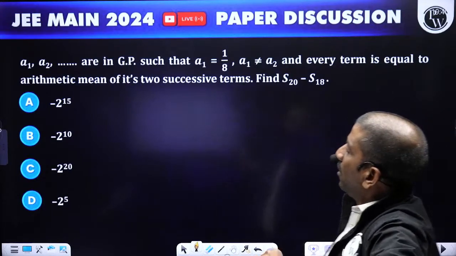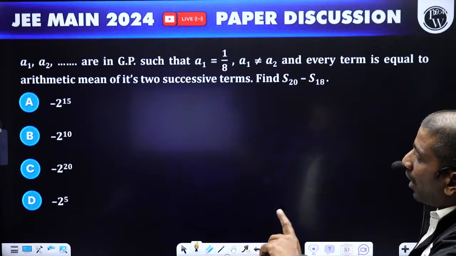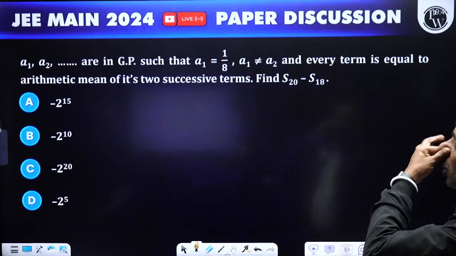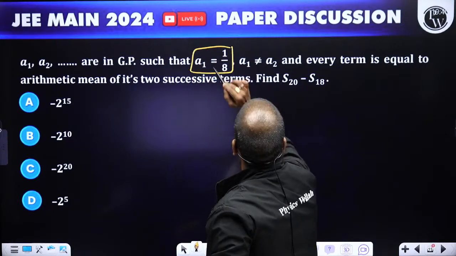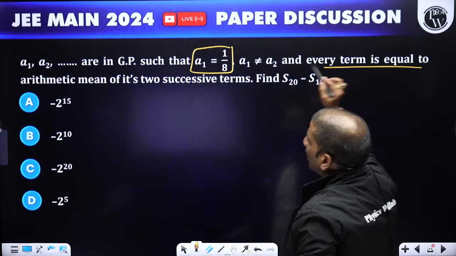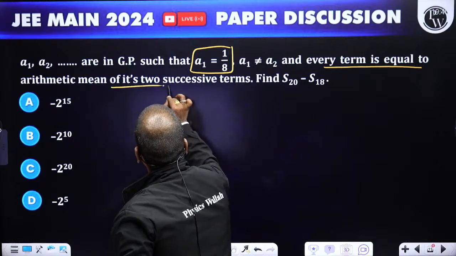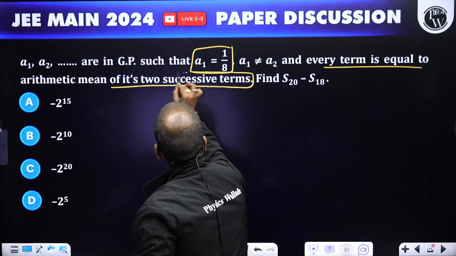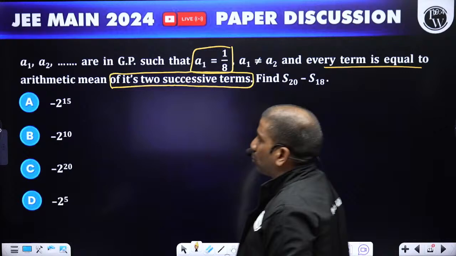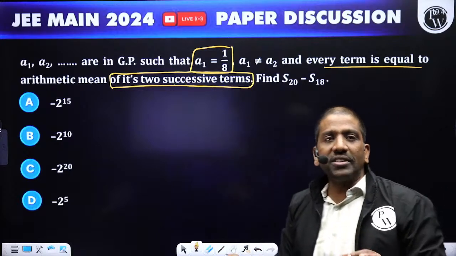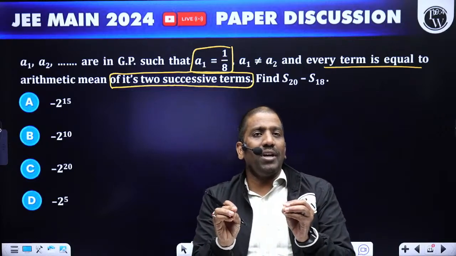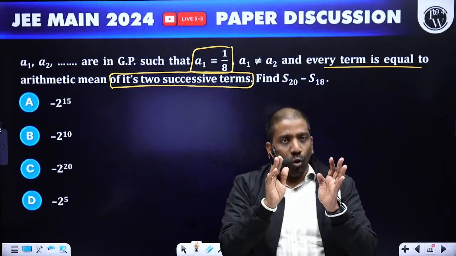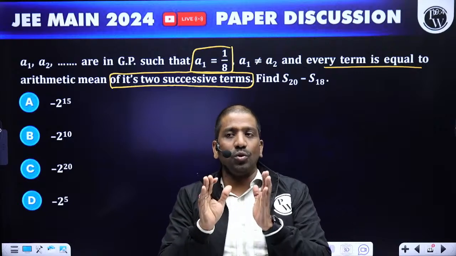Next, A1, A2 and so on are in geometric progression such that A1 is equal to 1 by 8. Every term is equal to the arithmetic mean of its two successive terms. In sequences and series, if you read properly, most of the cases we can easily do this question.